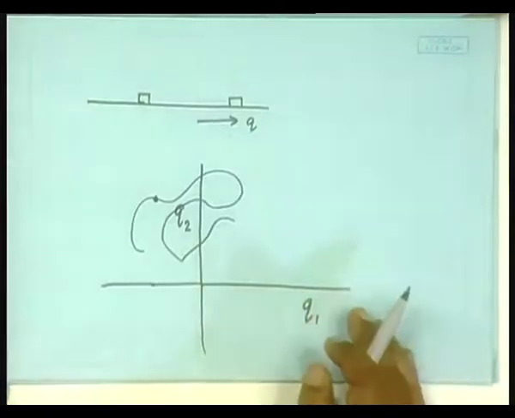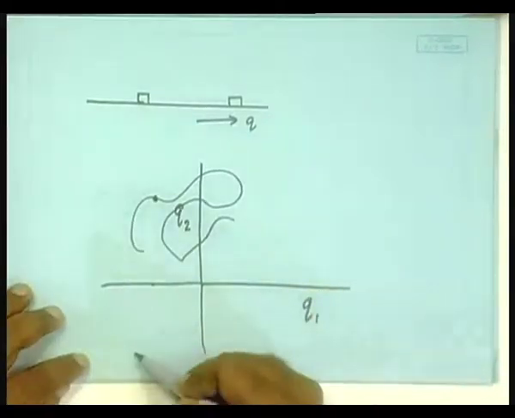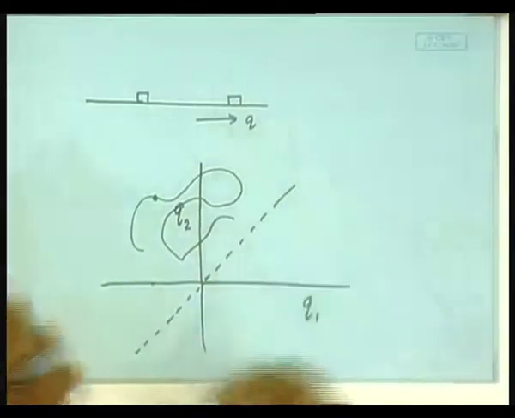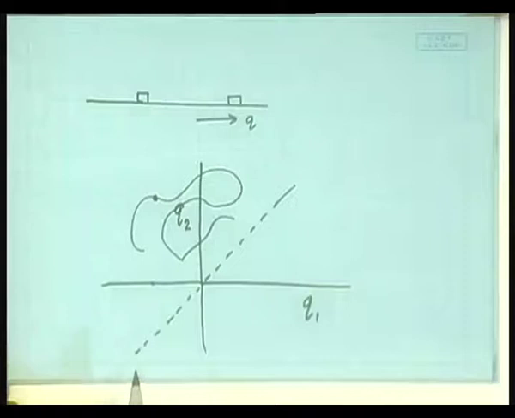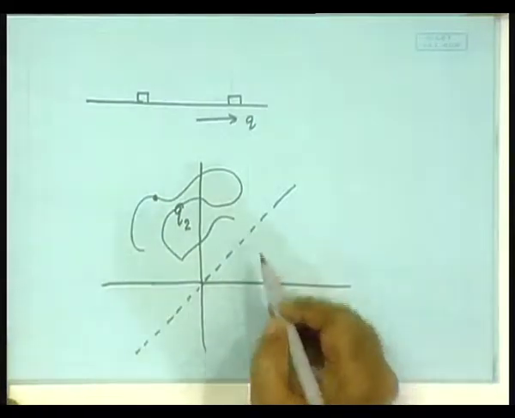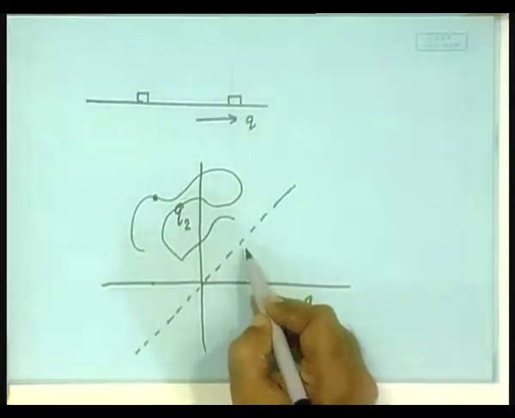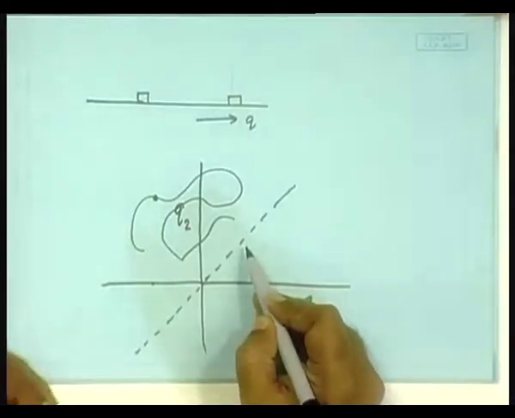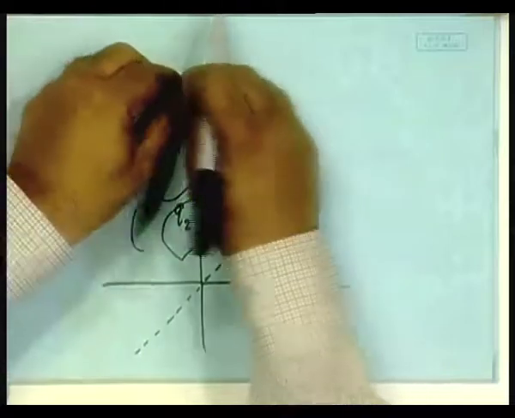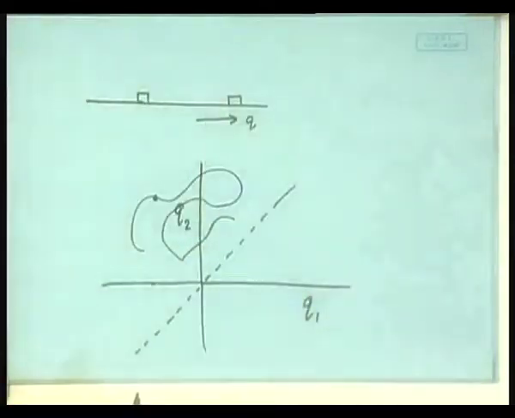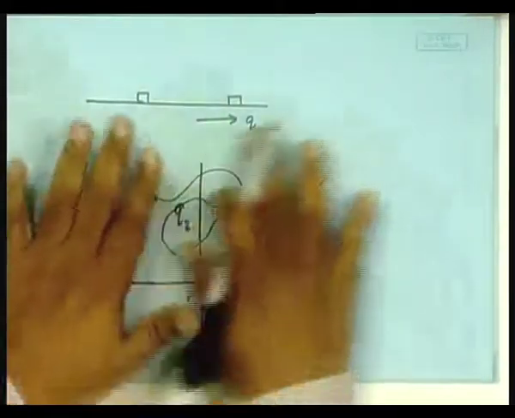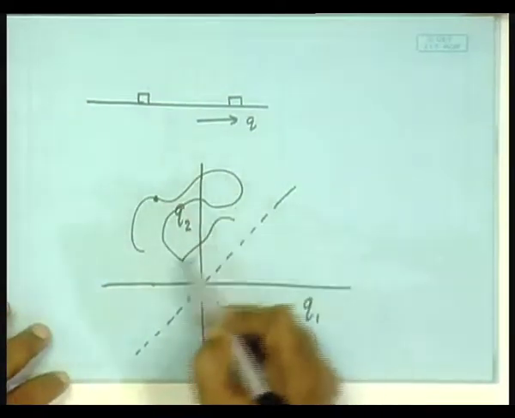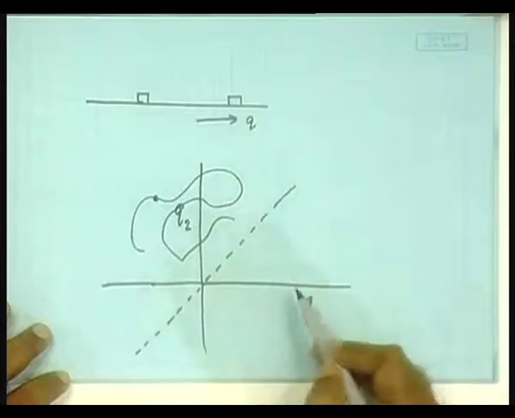Now, notice this line then becomes a forbidden line. This line means what? Q1 and Q2 are the same, the 45-degree line. Q1 and Q2 being the same is a forbidden state, they cannot take the same position, which means that in the configuration space this configuration point can either wander in this side or in this side, but cannot cross.